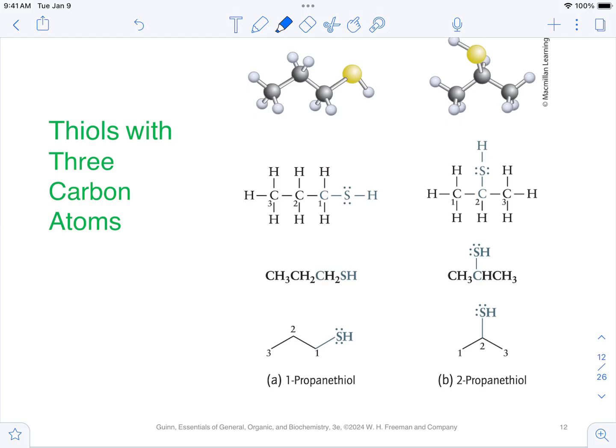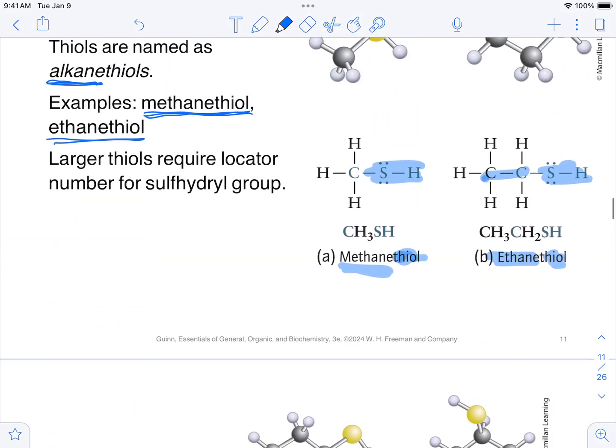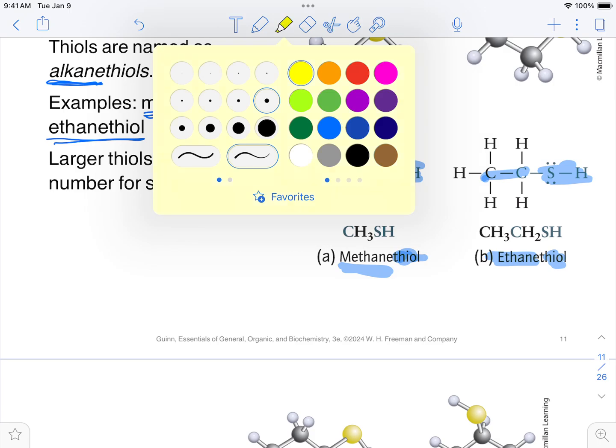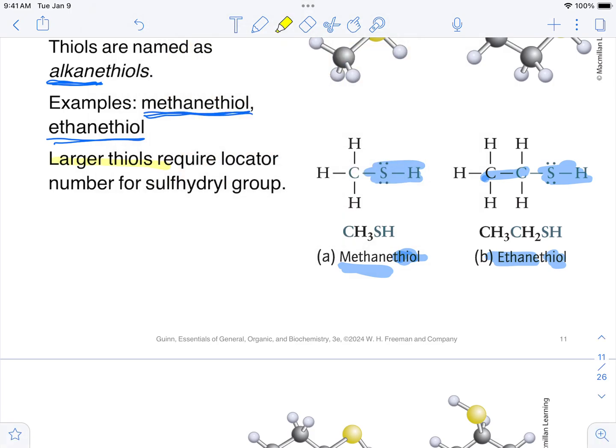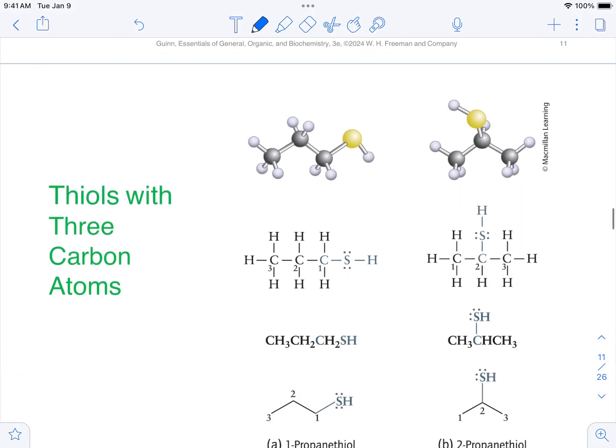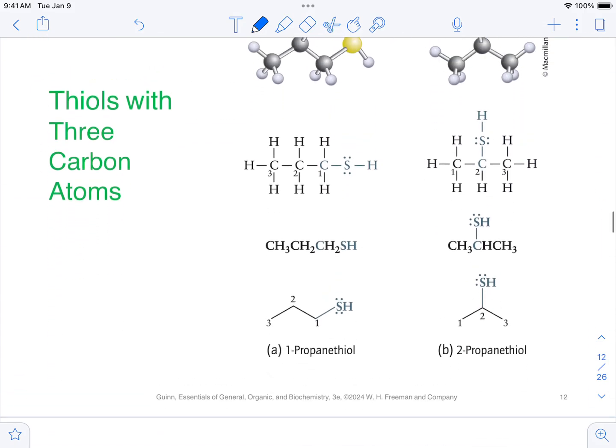Thiols with 3 carbon atoms. So we can see up here, I didn't go over it, but I will now. It says larger thiols require locator numbers for the group. Larger means 3 or more carbon atoms. So in these two, for methane and ethane, we don't need a locator. Here, we do need a locator.